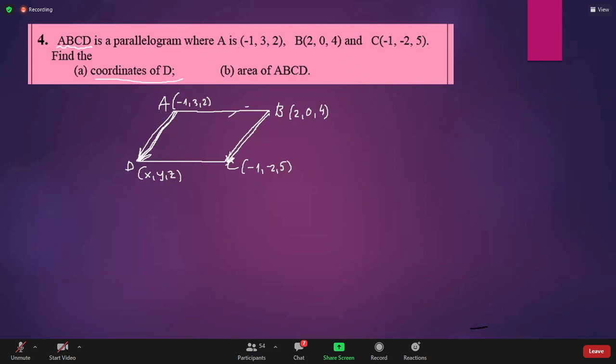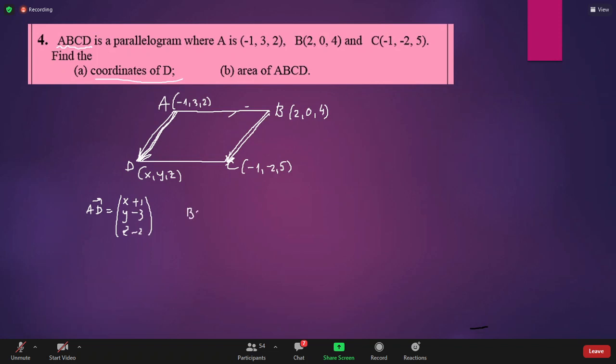So we could actually say vector AD is point D coordinates X, Y, Z, minus point A coordinates, that's -1, 3, 2, and vector BC, and they must be equal.